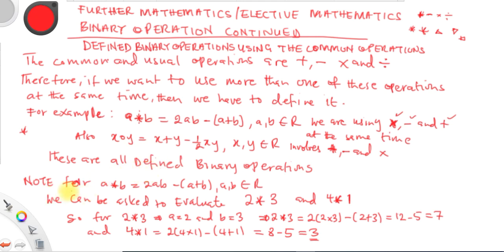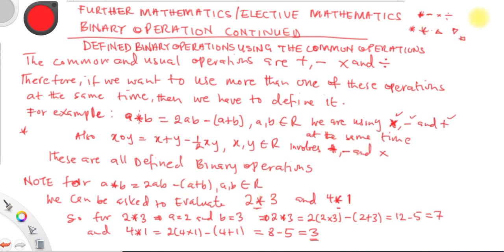So note, for A star B, which is equal to 2AB minus bracket A plus B, where A and B belong to R, we can be asked to evaluate 2 star 3 and 4 star 1. Okay, guys, let us look at how we evaluate them.